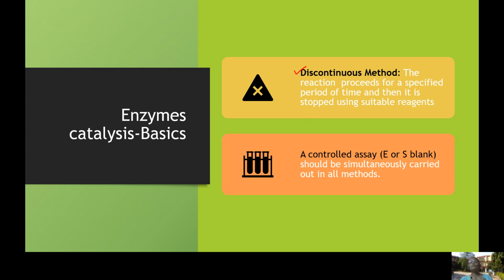By doing a control assay, you are putting all the absorbance, because of any of these reactants, to zero, so that you can only measure the absorbance of the analyte under question, which is being formed or which is being reacted in the biological assay.